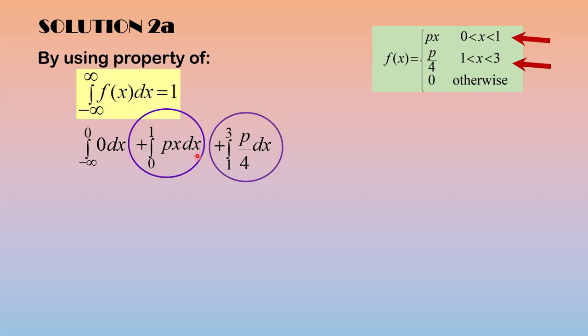I concentrate on these two functions because that is where the function is defined. Otherwise, the function is 0. Our last interval is 3 to infinity and the function is 0. Then this needs to equal 1.